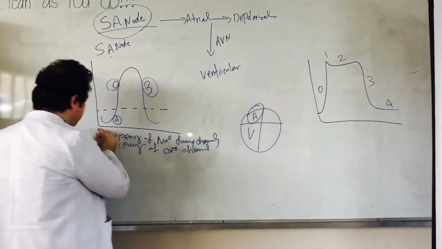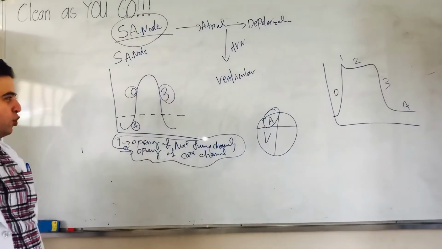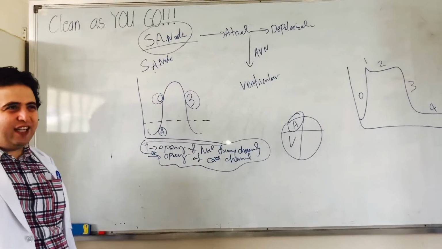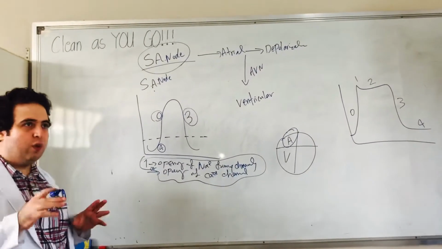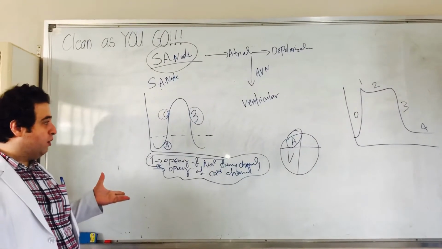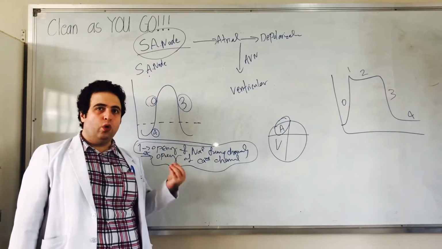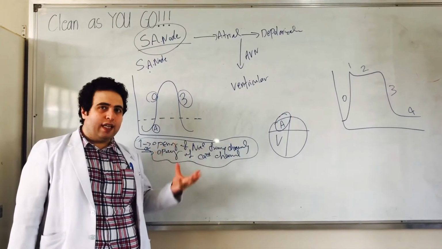So these are the two theories in different books. Opening of the sodium funny channel, why funny? Because it goes slowly inside. Or opening of the calcium, because as you recall I told you the calcium is slow. Is it slow moving inside the cell?